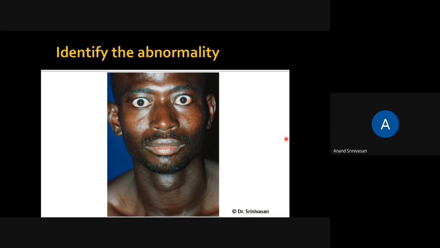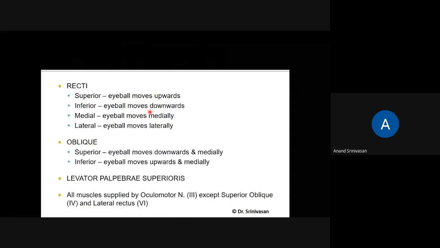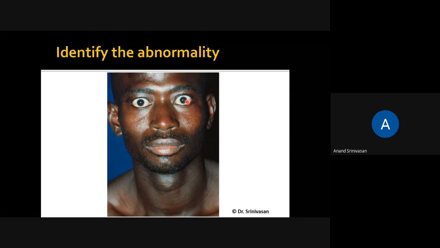Here you can see the periorbital fat is more. What happens if the periorbital fat is more? The fat will push the eyeball outside. This is one of the conditions you can see in thyroid disease. You know the thyroid gland, right?